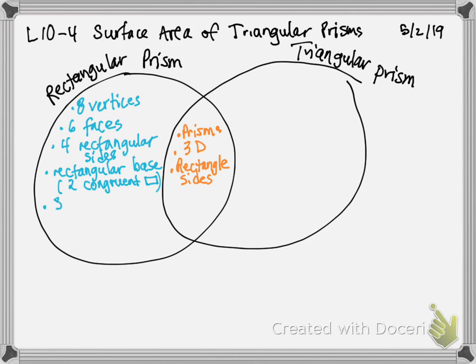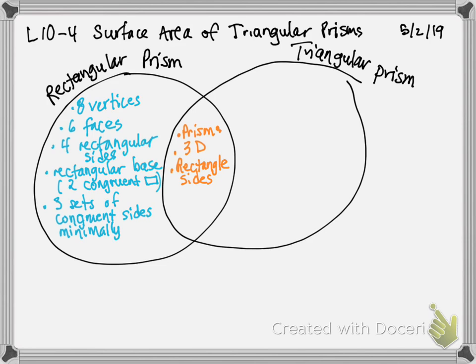So we're going to say 3 sets of congruent sides. And I'm going to say minimally. That's in the case where all the dimensions are different.